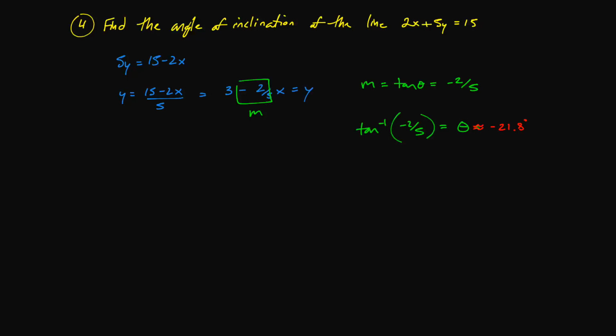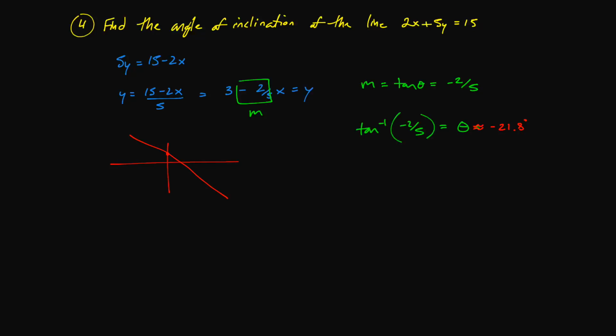That's because arctan goes to quadrants 1 and 4, and the negative quadrant is 4 in this case. But note something very interesting: this is not actually our angle of inclination. If we draw a quick picture, we have 3 as the intercept right here, and negative 2/5 as the slope.